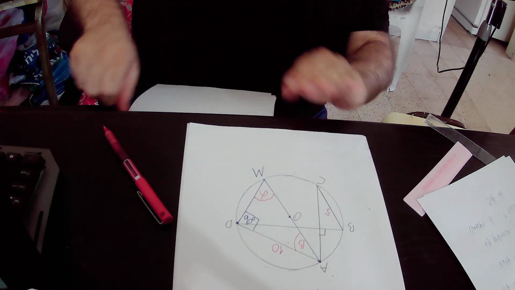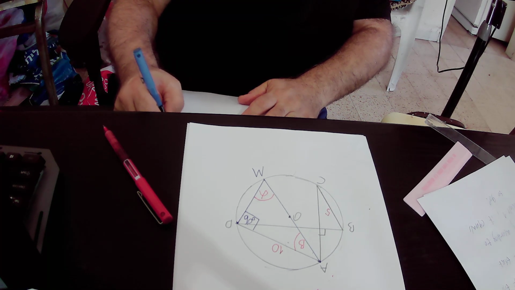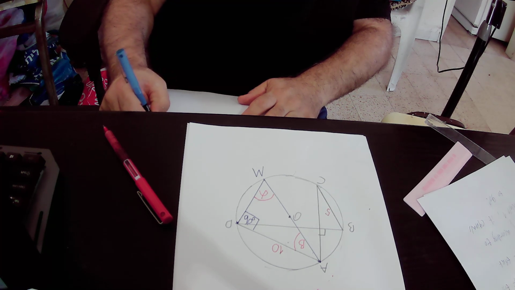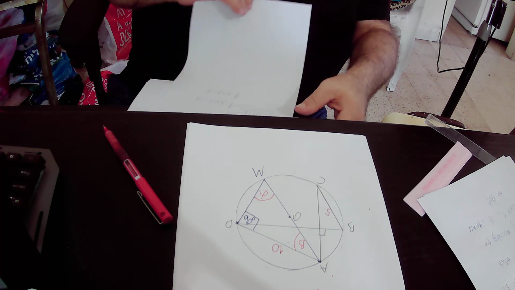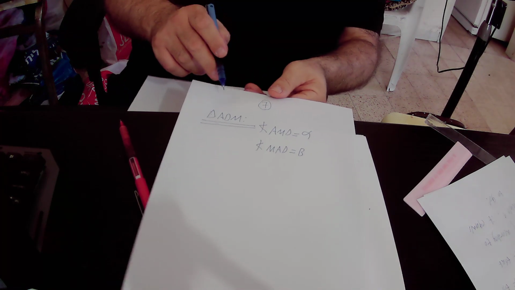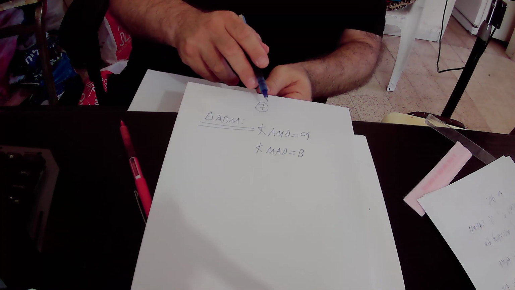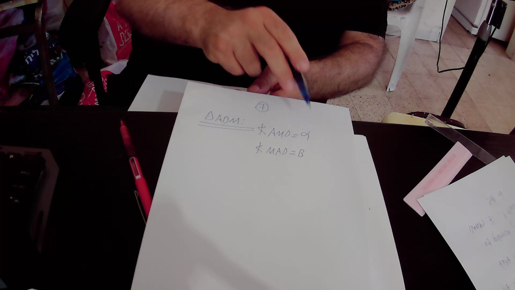I write it down. Angle MAD will be defined as angle beta. Okay, so in the right triangle ADM, angle AMD equals to alpha and angle MAD equals to beta.